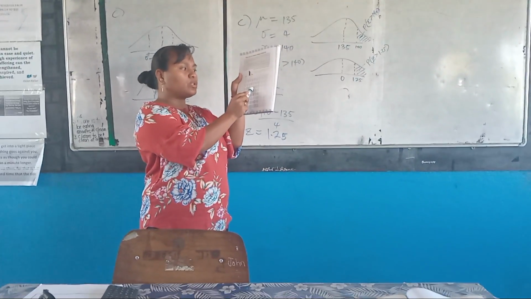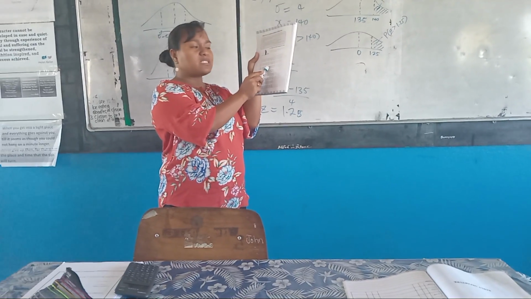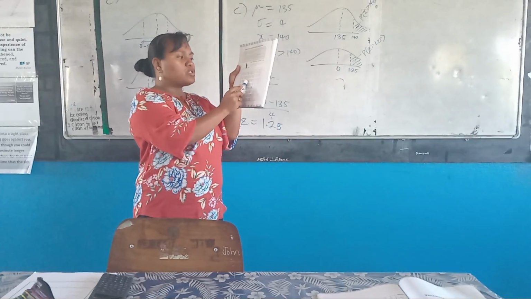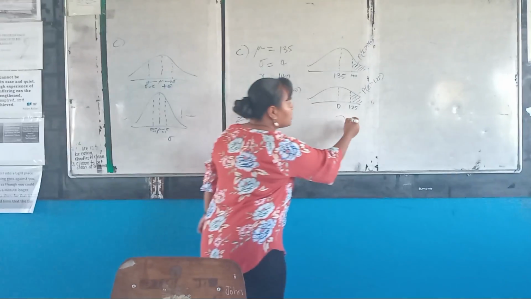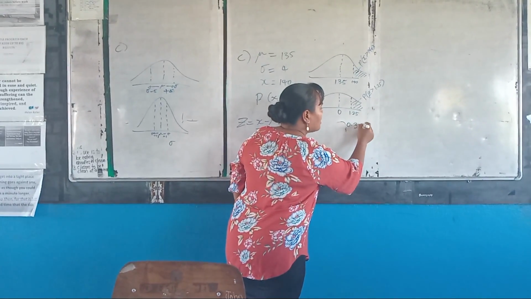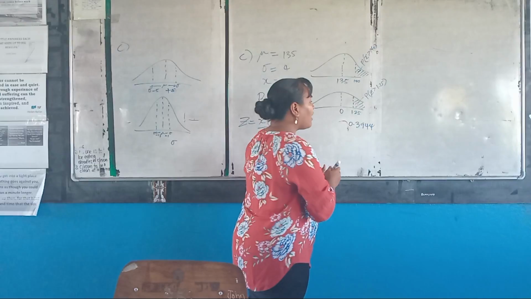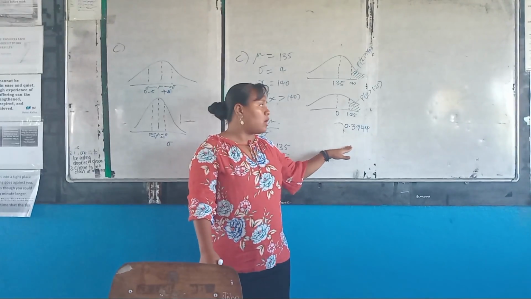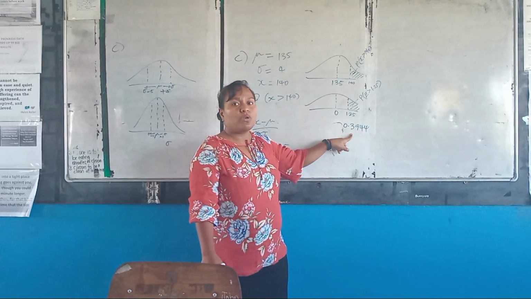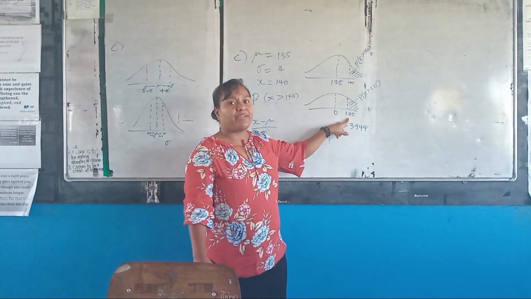Then you point where they intersect. It says 0.3944. This is the area, but this is not the answer because this area is only from 0 to 1.25.